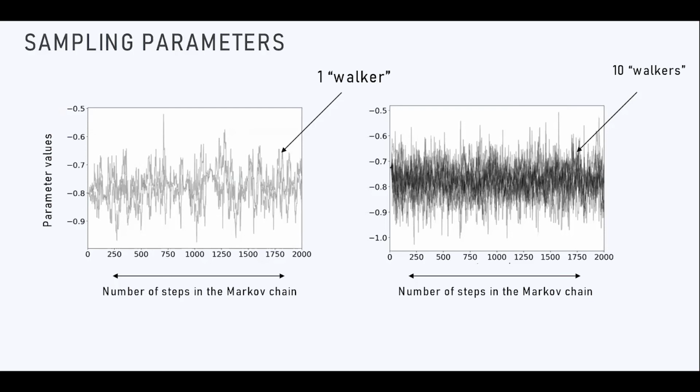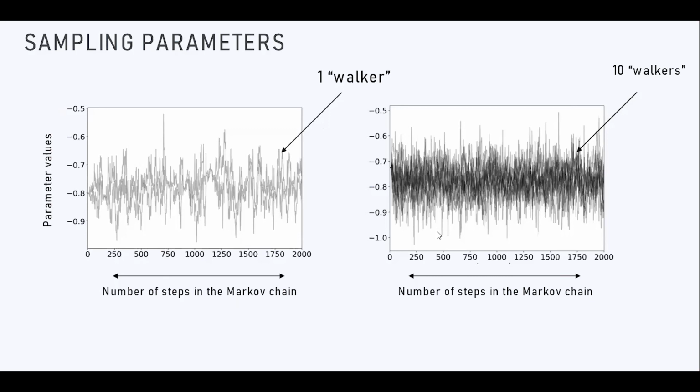But it always, of course, depends on the data, how complex the data is. But ideally, you would want a higher number of walkers. The trade-off is, of course, the computational cost that comes with it. Number of steps is easy, it is for how long you run that chain. So these are some parameters that you can tune while running your parameter inference.